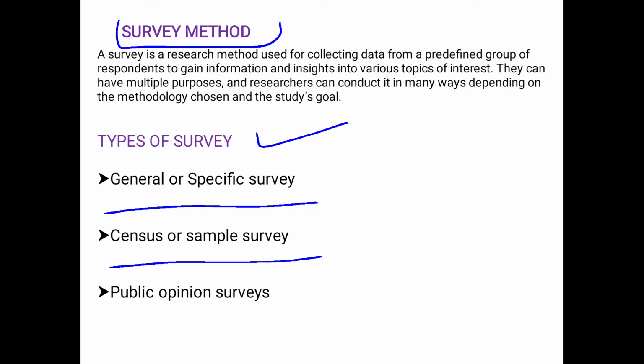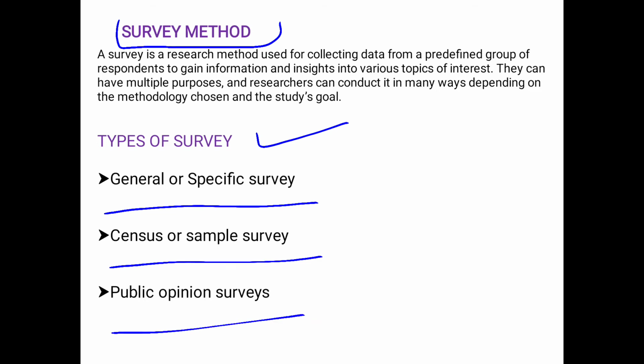Here the data is collected from a few samples from the population. This is a major difference.